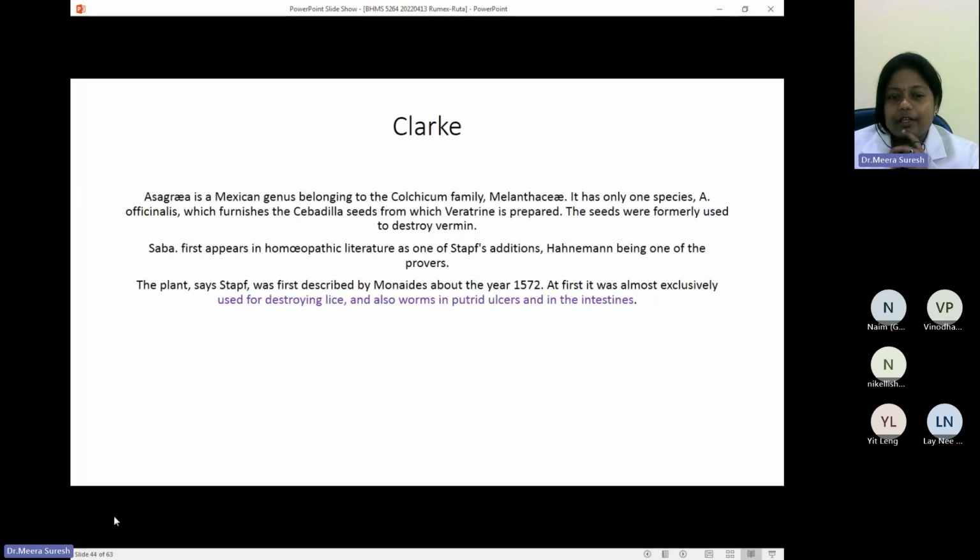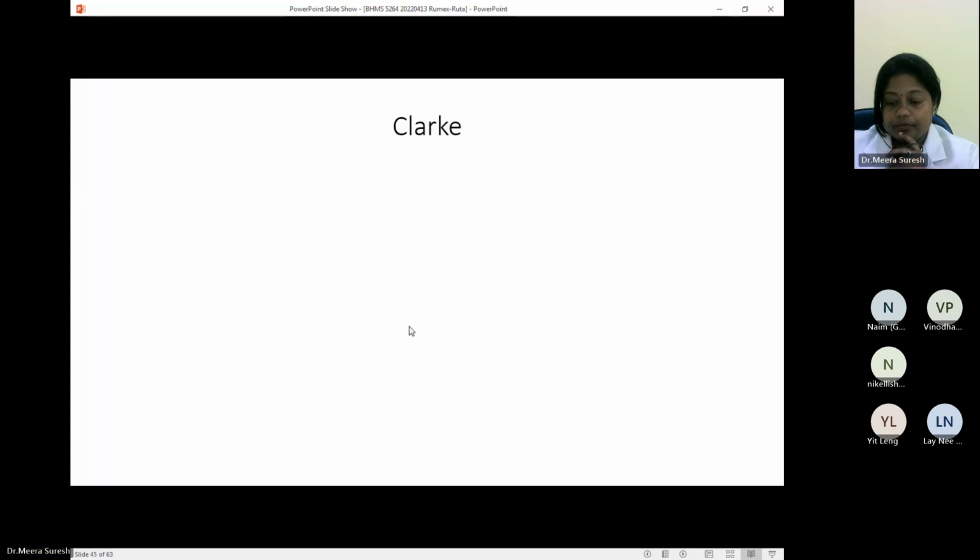This might be the reason. And also worms in putrid ulcers and in the intestines. So this veratrin, and when I say veratrin, even Veratrum album, it belonged to the family Melanthaceae. So initially, even at that time, this medicine Sabadilla was used for these purposes, for killing the lice, worms, etc.